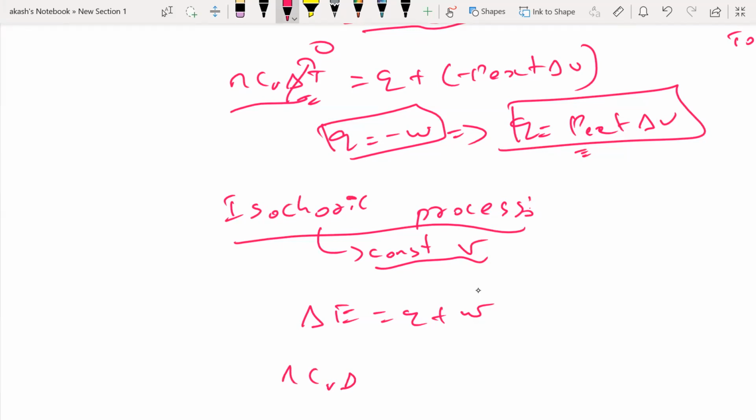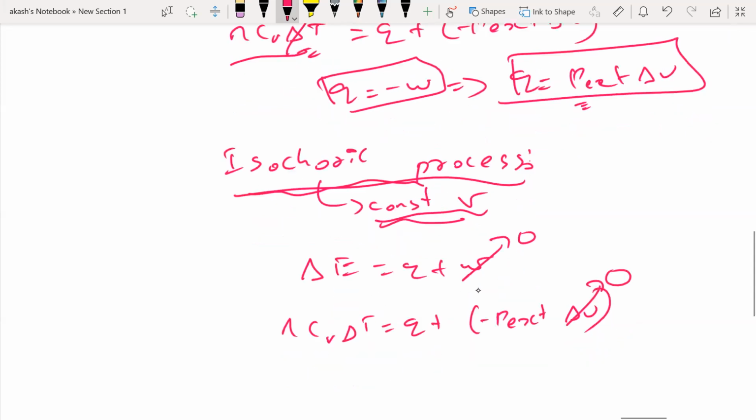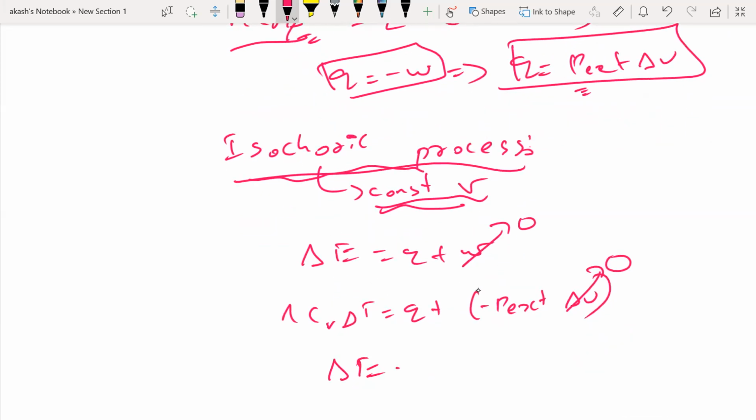I have nCv del T is equal to Q plus minus P external into del V. Now it's an isochoric process where I have constant volume, so the delta V is not changing. So I can directly say W is equal to 0, so delta E is equal to Q, or Q is equal to nCv del T, whatever it is. So this happens in an isochoric process.